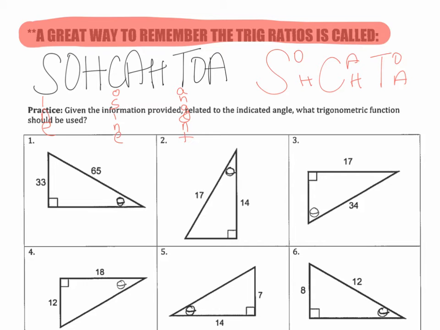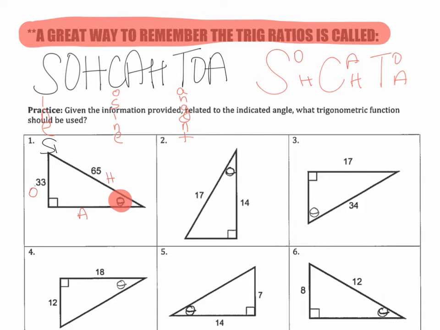So if we look at number 1, I'm going to highlight my reference angle, which is right there, and label O, A, and H. Now notice in this triangle, I only have a value for O and a value for H. So instead of doing the Pythagorean theorem and taking all that time to find A, I'm going to use only one trig ratio in this problem. And the trig ratio that uses O and H is sine.